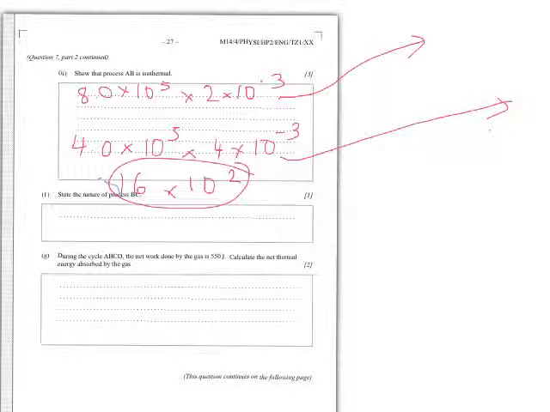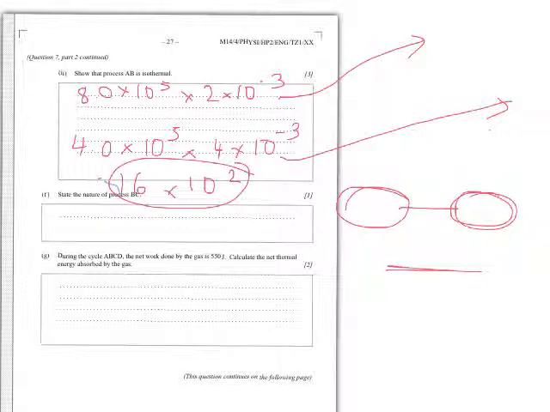So therefore, pressure and volume before equals pressure and volume after, and the temperature must be constant.